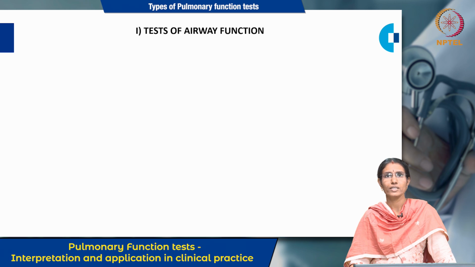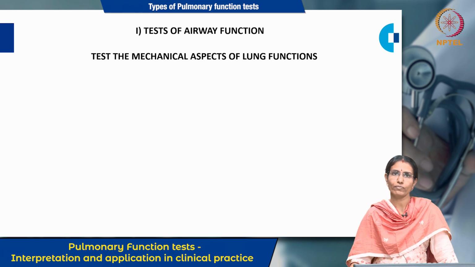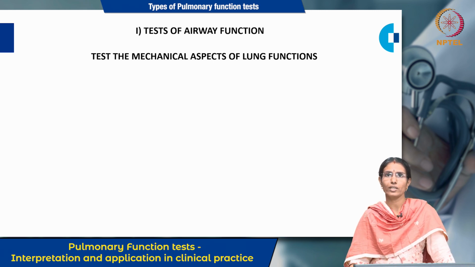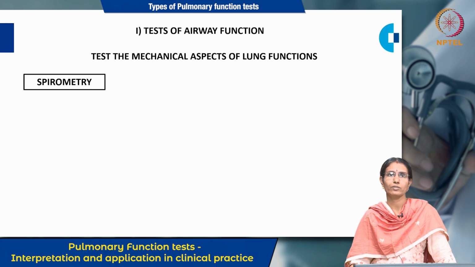What are the tests of airway function? Tests of airway function test the mechanical aspects of the lung functions. And what are the tests which are commonly done? The most important one being spirometry, which is the most commonly and widely used for teaching purpose, for research purpose, for diagnostic purpose.